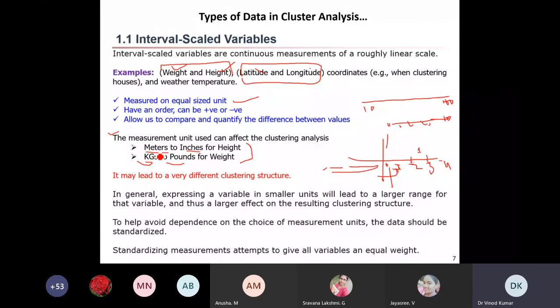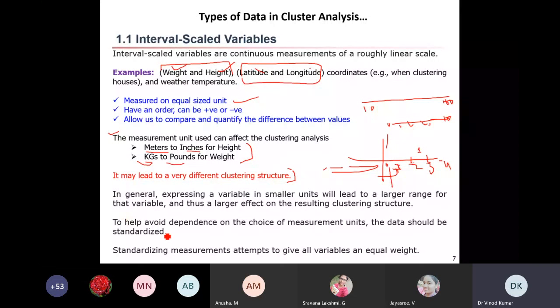It may lead to a very different clustering structure. In general, expressing a variable in smaller units will lead to a larger range for that variable, and thus a larger effect on the resulting clustering structure.